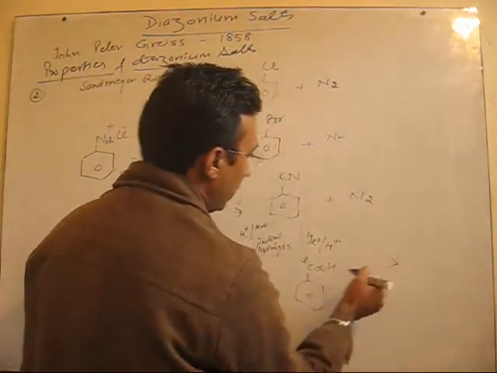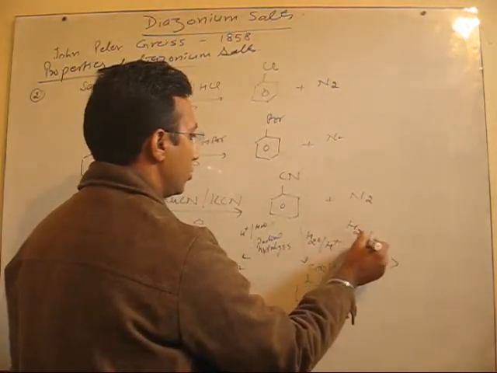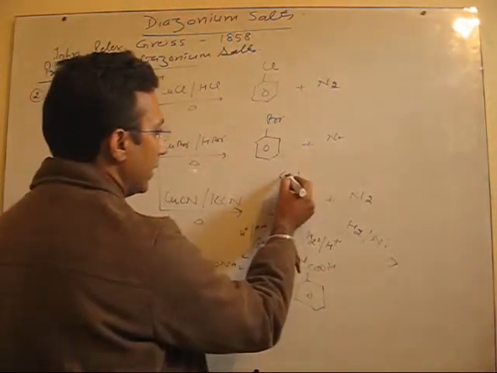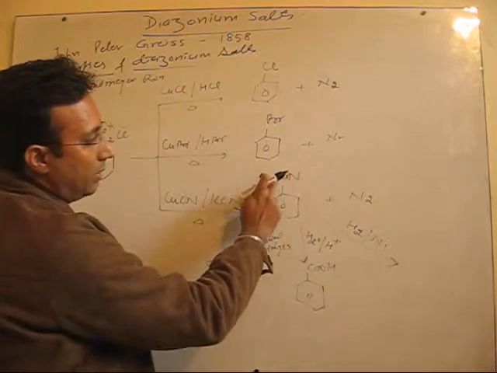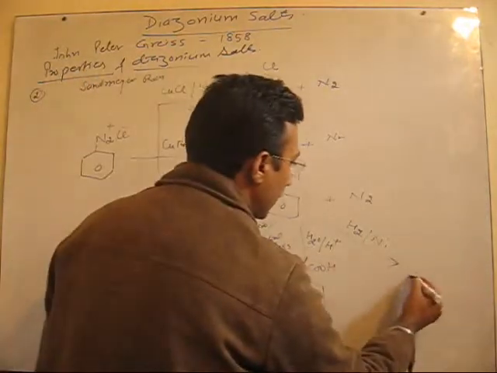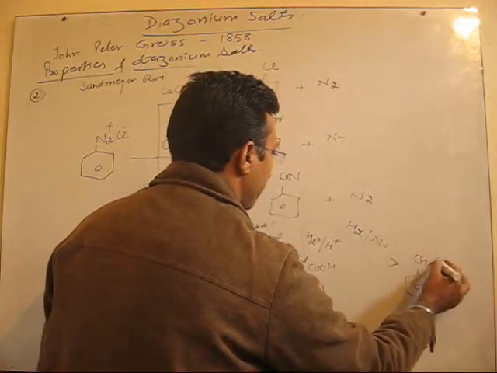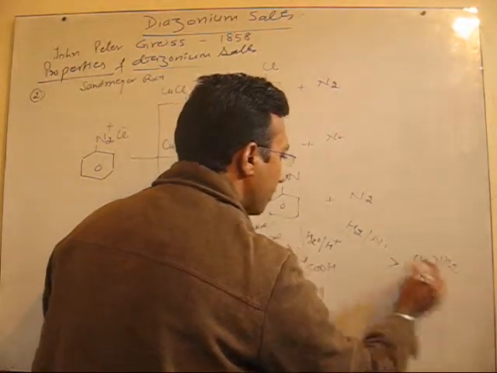And if you reduce this with H2 in the presence of nickel or lithium aluminum hydride, any reducing agent, then this triple bond between carbon and nitrogen is totally reduced, and you will get the most important, that is benzylamine.